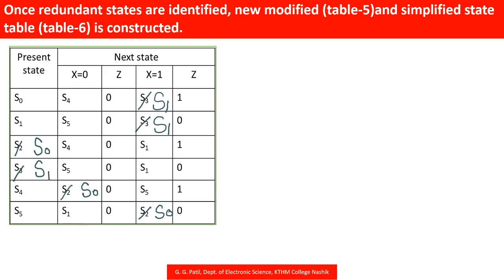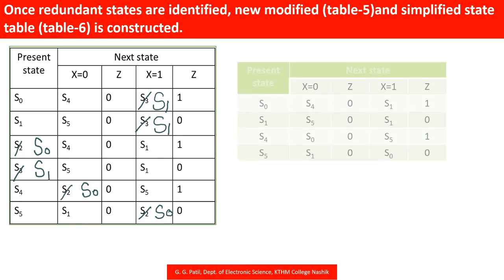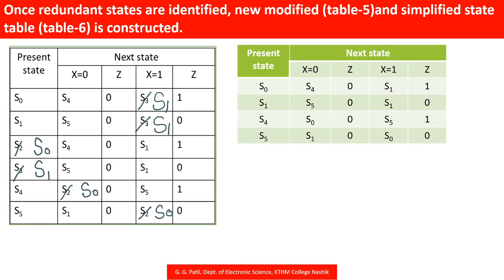Now once the redundant states are obtained, we have to draw the modified state table this way. See here, this is the state table given in the example, and as we have found, state S0 and S2 are equivalent and S1 and S3 are equivalent.